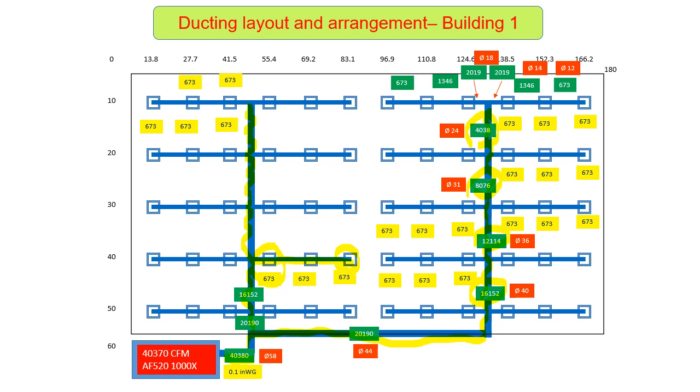If you see here, from the AHU we have the biggest duct size, and as it goes away from the AHU, then the diameter of the duct becomes smaller and smaller until at the end it only has about 12 inch diameter.